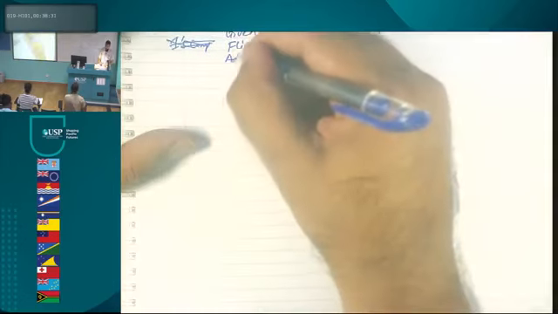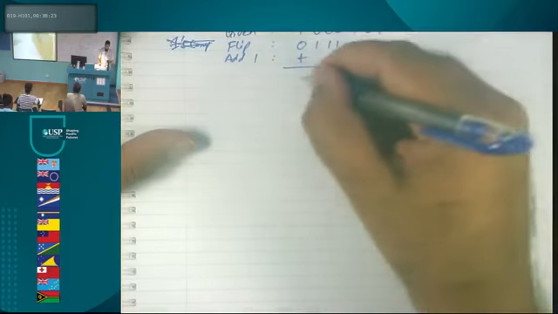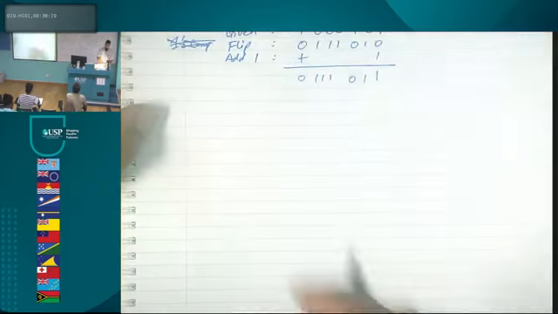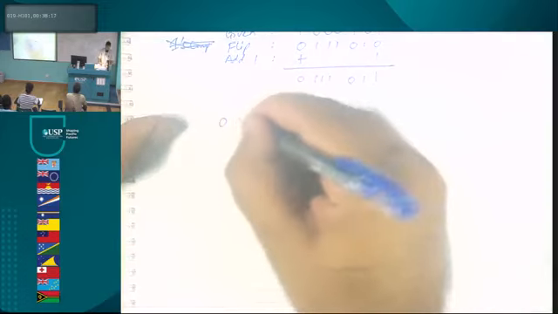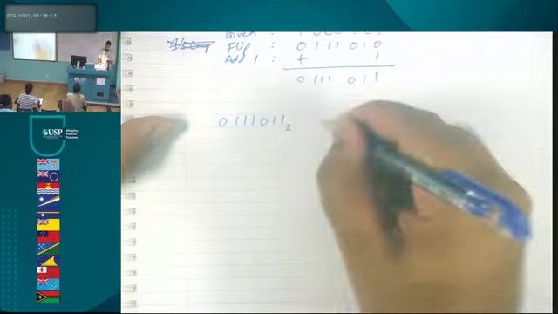Then we add 1. Zero plus 1 is 1, 1, 0, 0, 111. So we flipped the bits, we've added 1, so we have 0111011 base 2, which is equal to what?